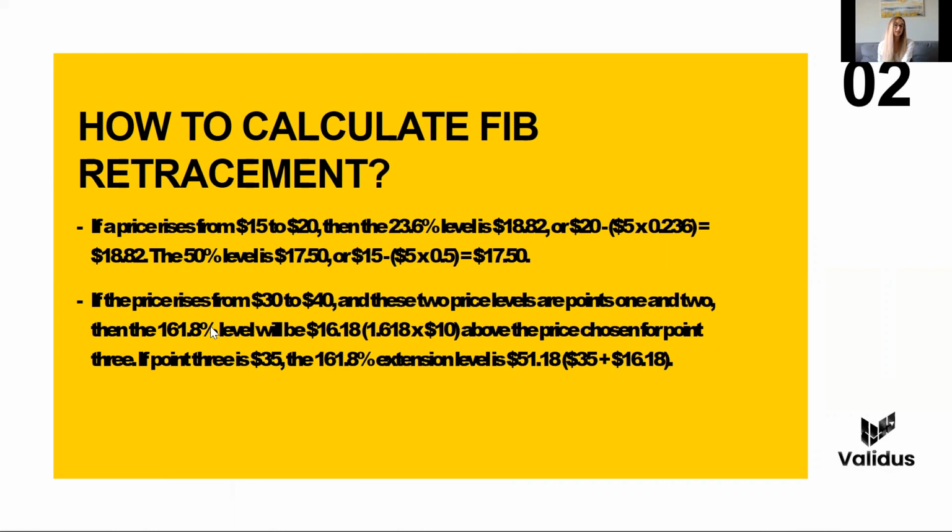So if a price rises, for example, from $15 to $20, then the 23.6% level is $18.82. It's calculated from $20: you subtract $5, which is the difference between $15 and $20, multiplied by 0.236, which equals $18.82.